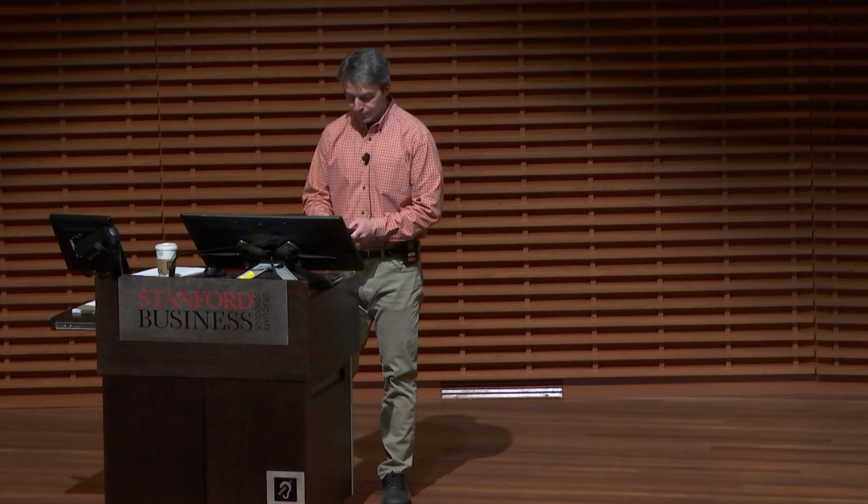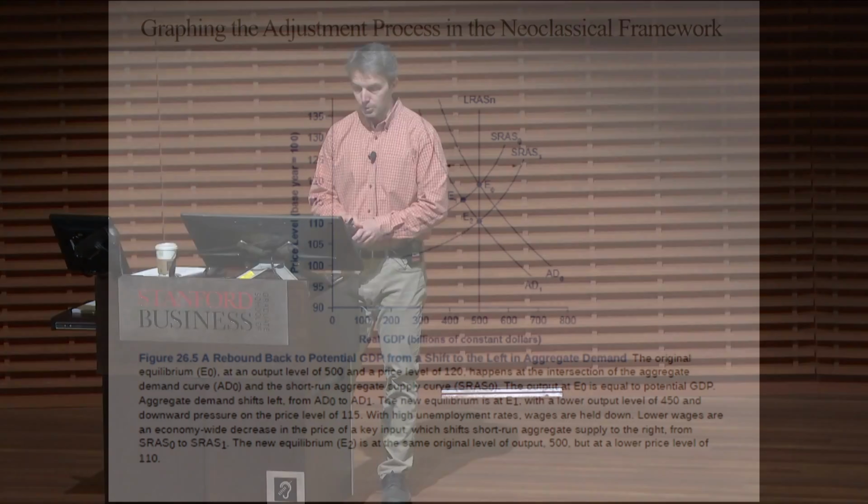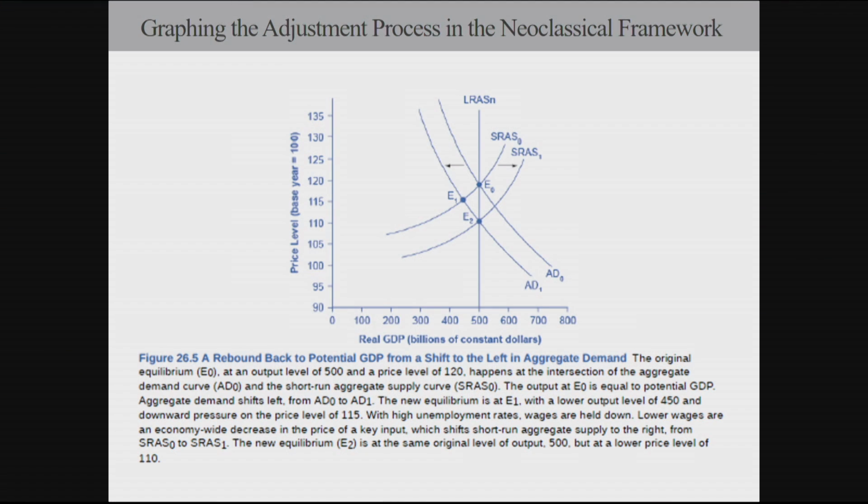So I'm going to show you graphically the neoclassical perspective on how things change. Suppose that we initially have aggregate demand curve AD0 and short-run aggregate supply curve SRAS0.